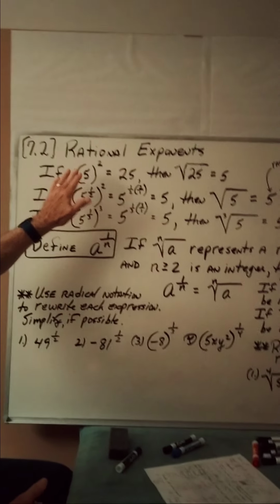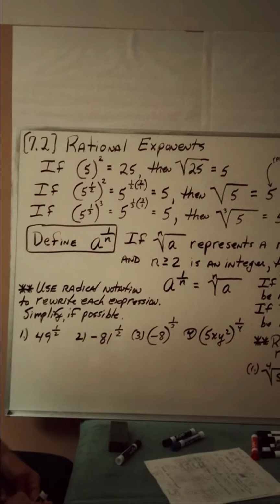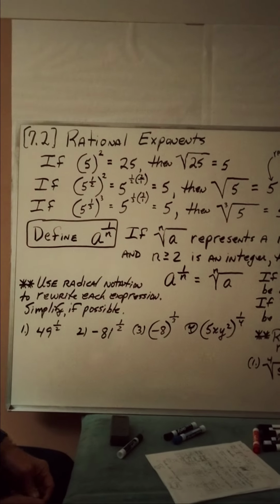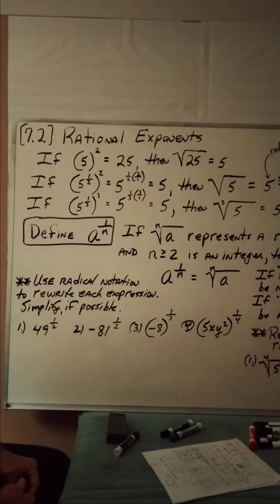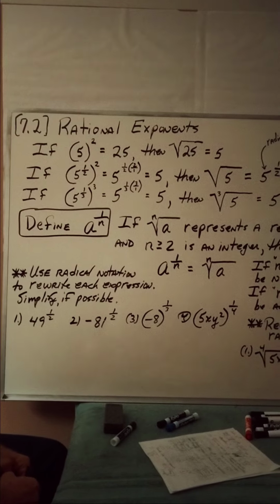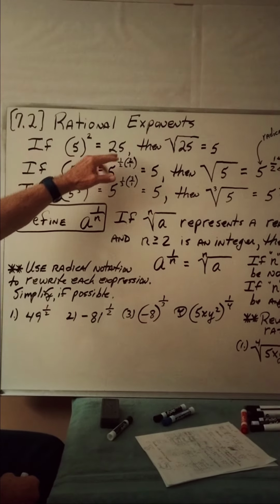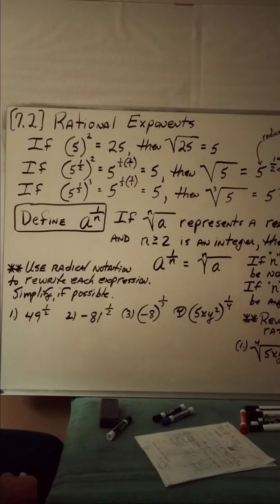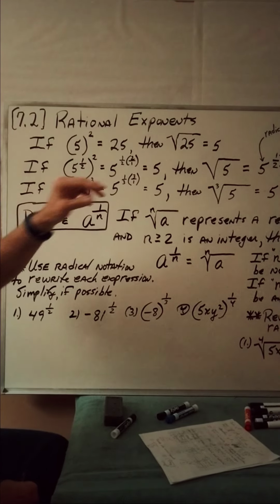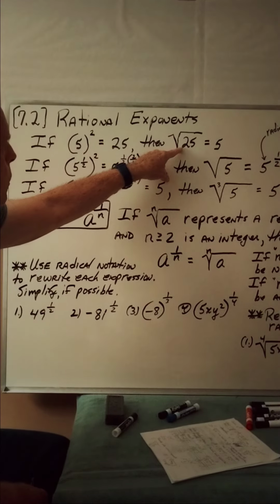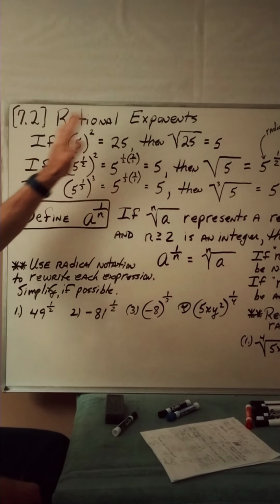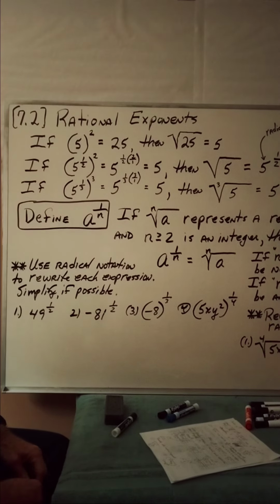We've already spoken about this fact that when we square a number, the result that we get, when we then find its square root, we come back to the original number that we started off with.